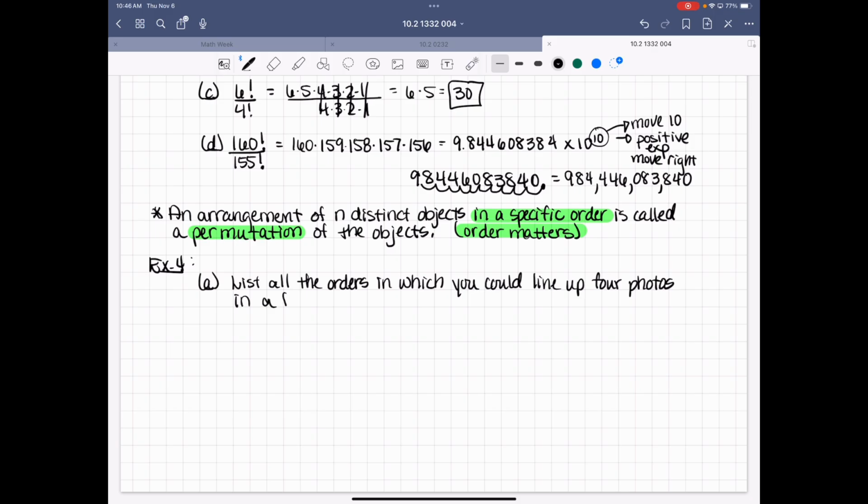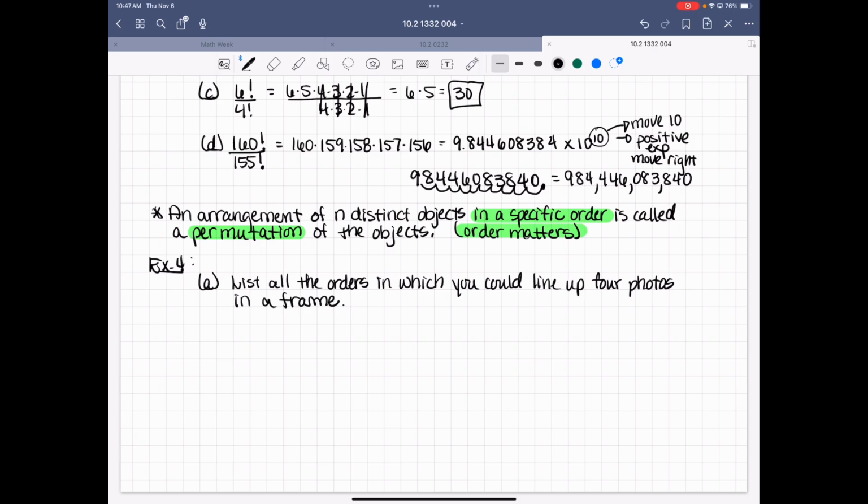I'm sure some of your mothers have one in their houses. It's a big photo frame, and it's going to allow you to put 4 different pictures in there. Sometimes you can put more than 4. It has some kind of decoration on it. So you've got 4 pictures, and you want to know how many different ways you can arrange those pictures in the slots.